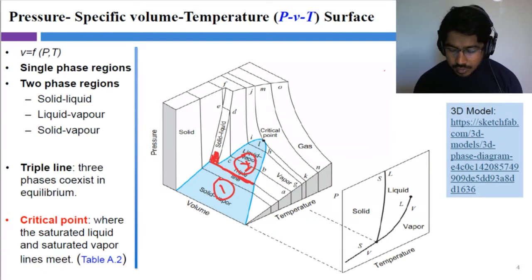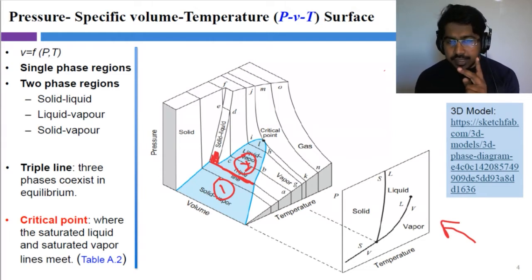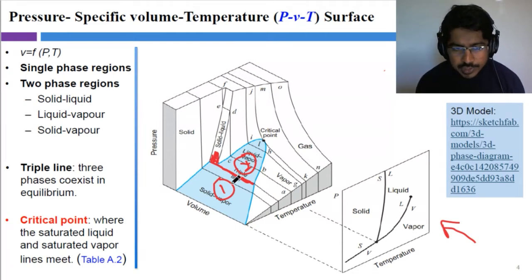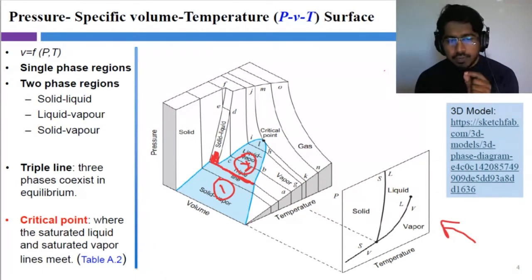But there are many conditions, many specific volume values, that you can have on this triple line, right? Another important thing to note here: when we look from this end, we have just one temperature and pressure value for the triple line. The volume can change, as you can see, the specific volume can change, but there's only one temperature and pressure value.